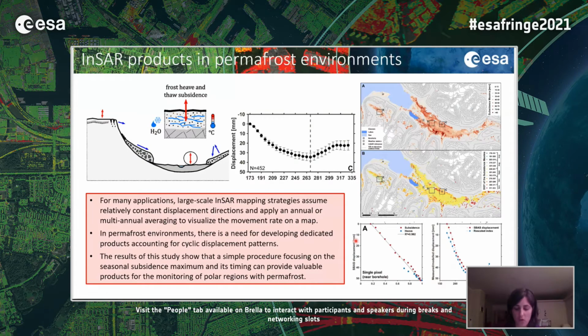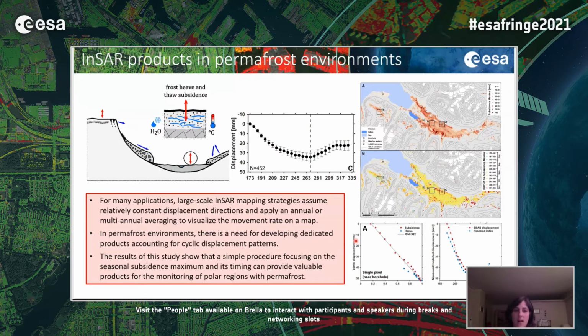And yeah, so to sum up, our goal, or somehow the main relevance of it, is that in many applications, large-scale InSAR mapping strategies assume relatively constant displacement direction and apply an annual or multi-annual averaging to visualize the movement rate on a map.